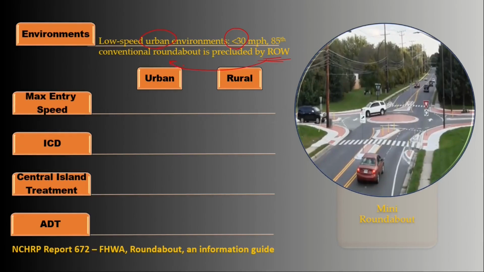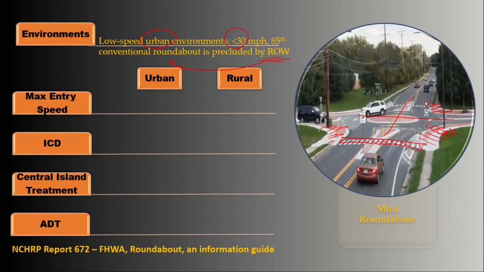Given this recommendation, mini roundabouts are adequate for intersections of local or collector streets. Given their small sizes, normally there are no worries about right of way, and they can be replaced with other types of traffic calming methods like speed bumps.